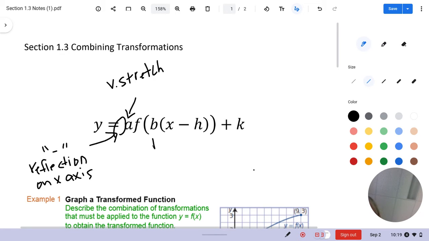Looking inside the bracket, B is going to be our horizontal stretch. And it's going to be the opposite of whatever's happening in there. So for example, if B is equal to a half, you're going to stretch all of your x values 2 times.